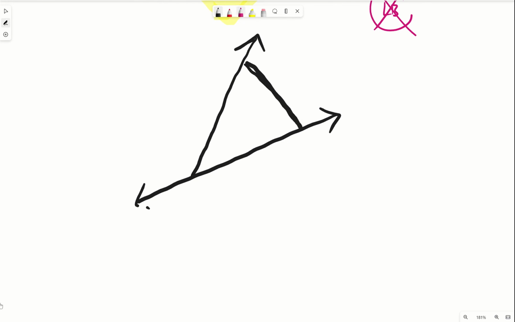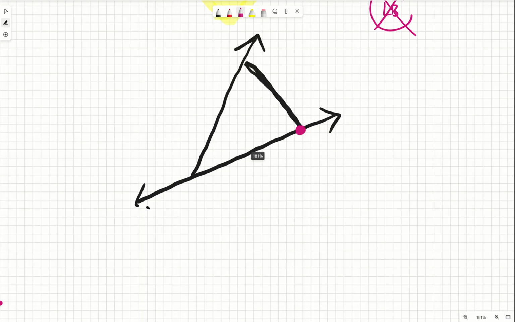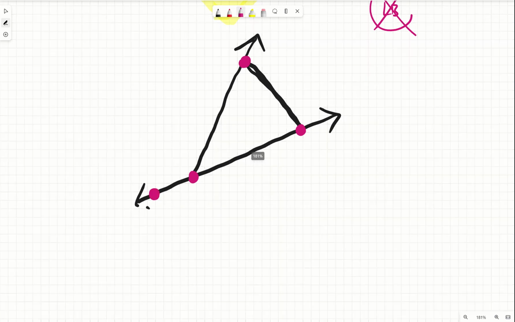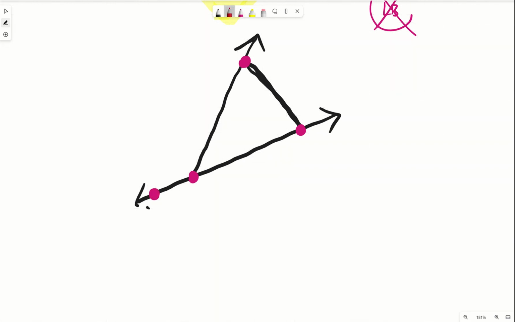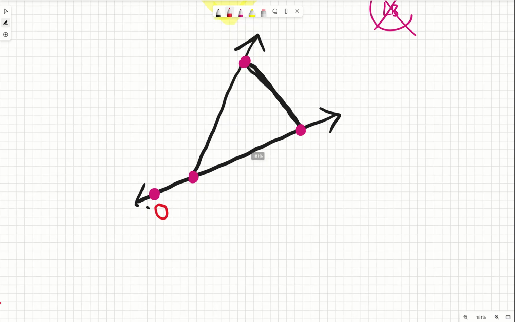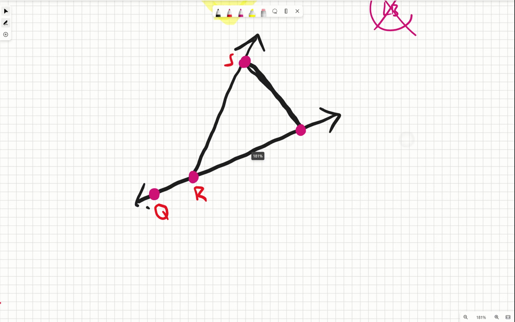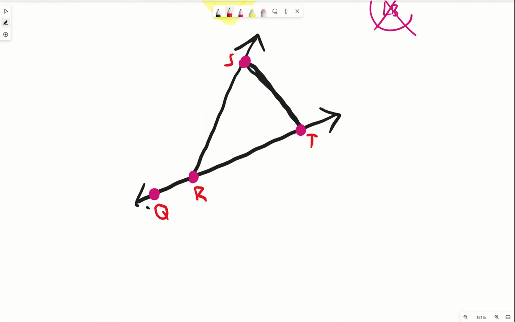All right, let's name some points here. We'll call this Q, R, S, and T. All right, Q, R, S, and T.